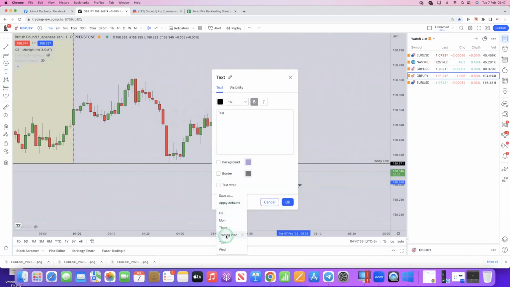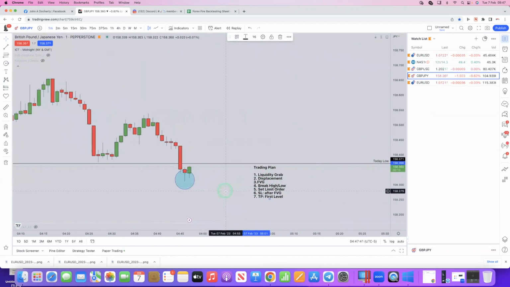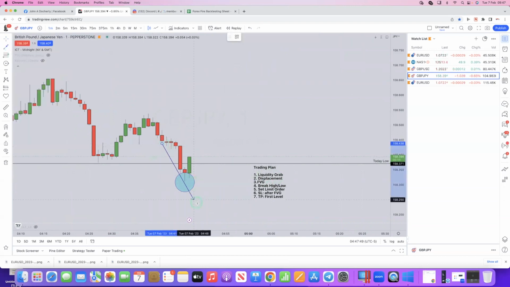Structure-wise, we've identified the liquidity grab. So number one has been ticked, okay? The run of play at the moment, we need one or two other candles to be formed, because after a liquidity grab, you're then going to get a creating of liquidity.